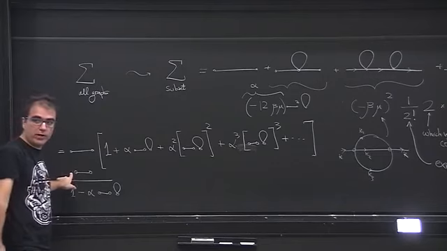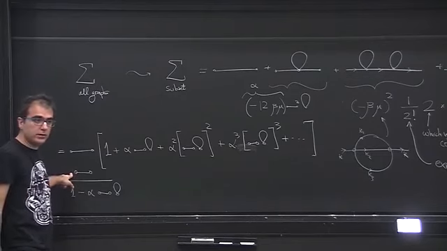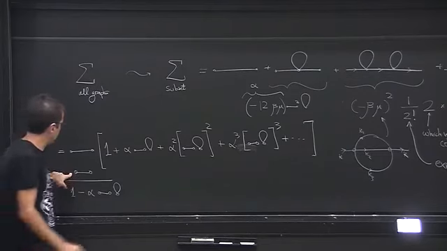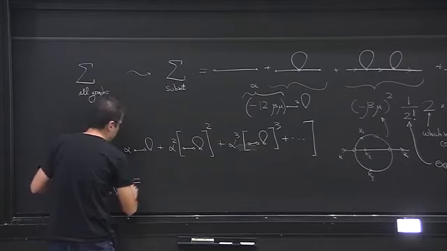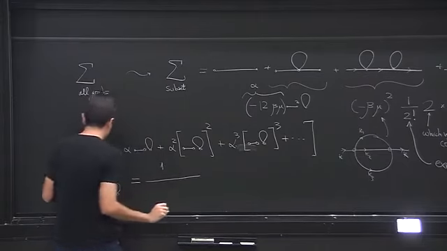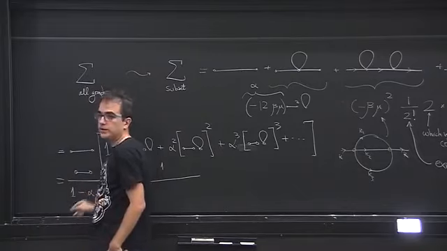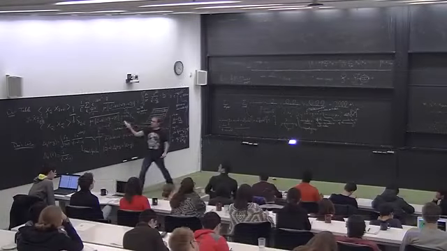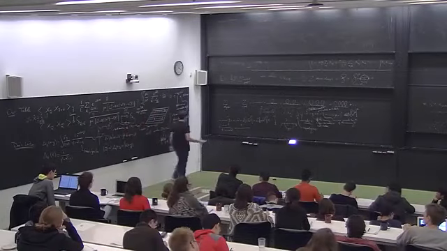The propagator is 1 over a denominator, right? So we conclude that this is equal to 1 over this denominator here.